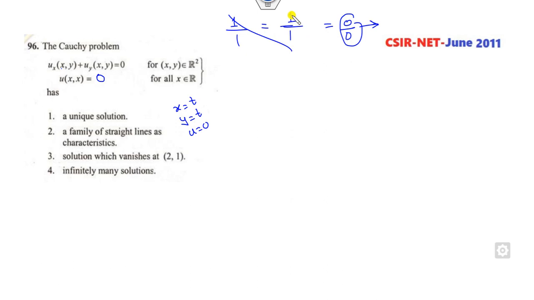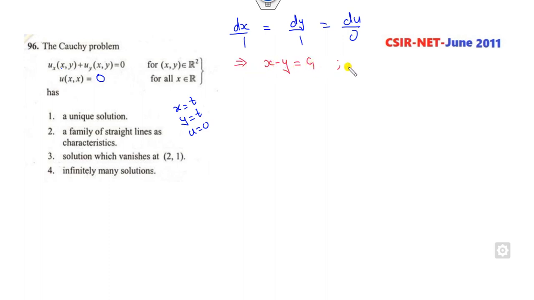So it means you can't identify whether it is a unique solution or infinite solutions. So in that case, you have to solve by the Lagrange equations 1, 1. From the first two equations, you can see x minus y is equal to c1. From here, you can see y is equal to c2.